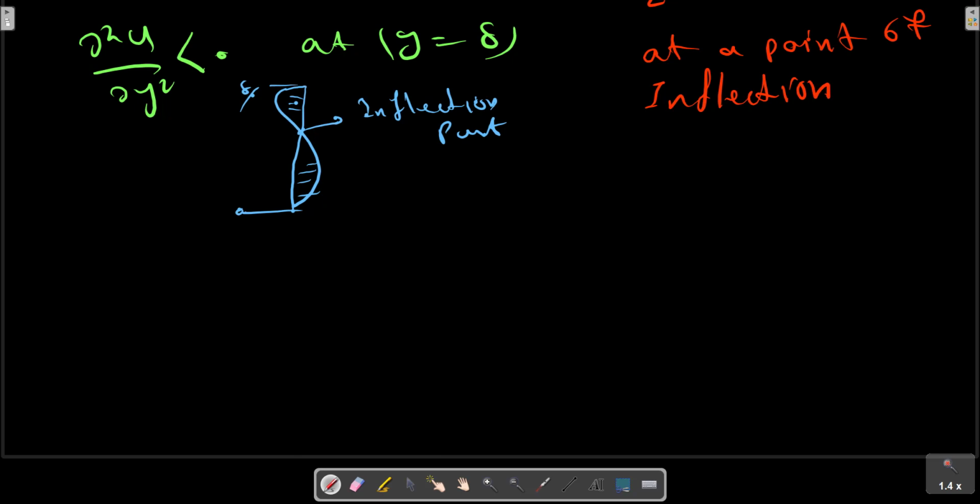Let me list the various cases of boundary layer profiles existing with the pressure gradient separately.